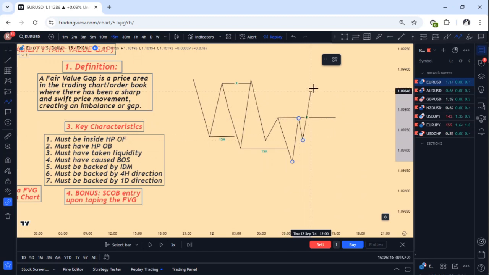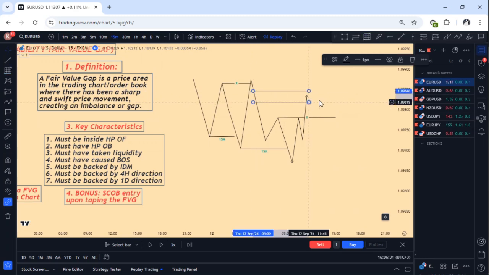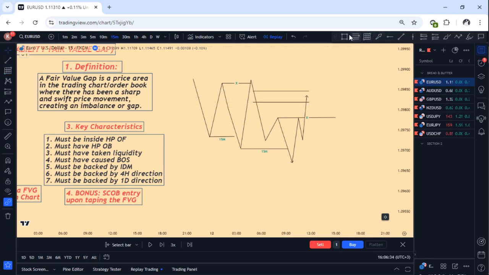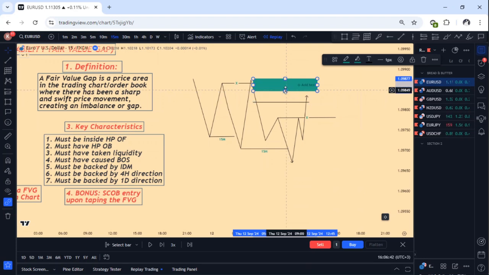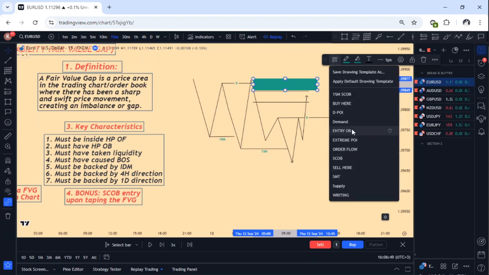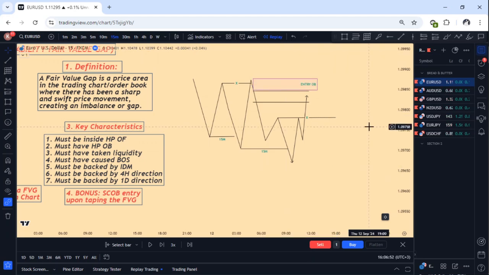And then price goes to take them out and taps on the high probability fair value gap that is somewhere here, and then on top of that fair value gap you are going to find a high probability order block like this, that you're going to have an entry over.